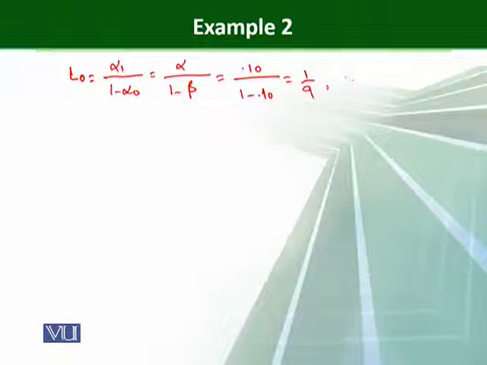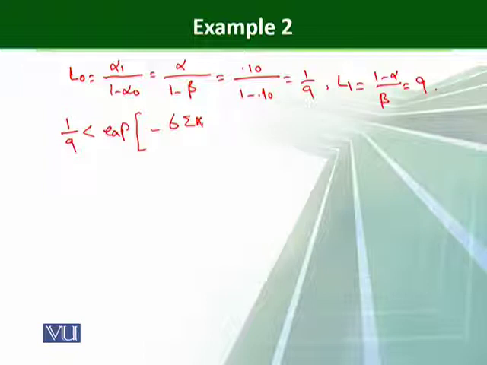Similarly L1 is equal to 1 minus alpha over beta, which is equal to 9. So hence our inequality is 1 over 9 less than exponential of minus 6 sum x minus 459n divided by 200, less than 9.